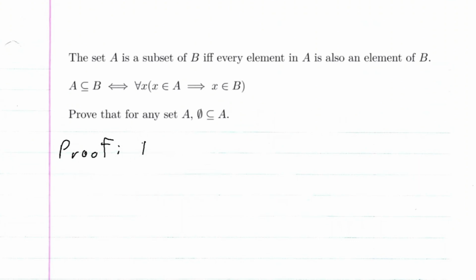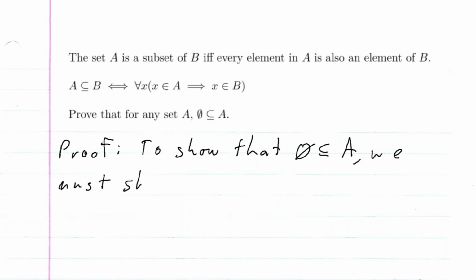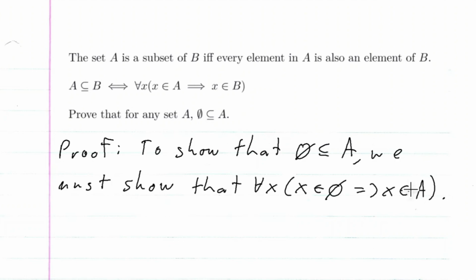So to show that the empty set is a subset of A, we must show that for every X, if X is in the empty set, this implies that X is in A. So let's go ahead and consider this conditional statement.